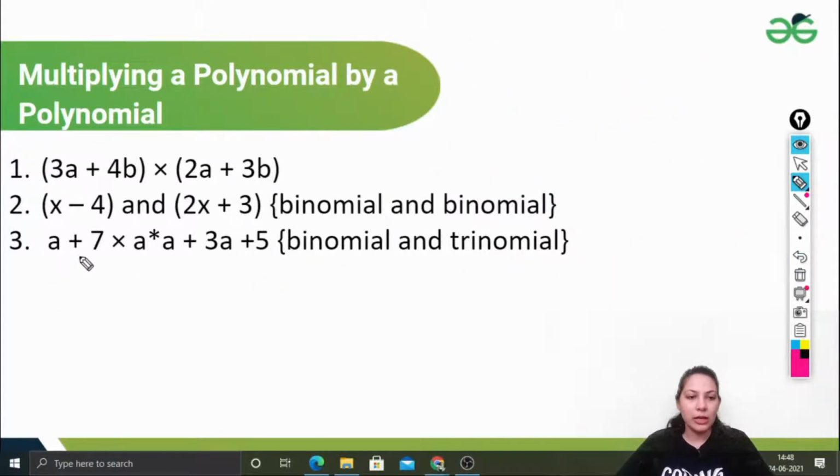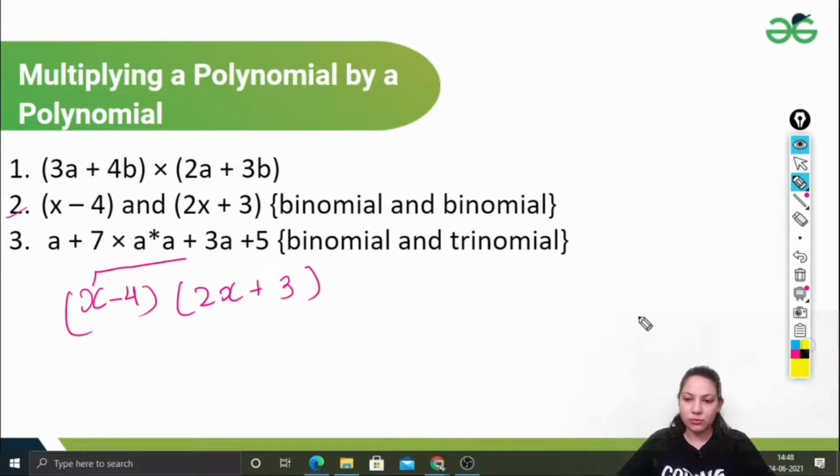Erase all this. Let us do binomial and binomial multiplication. This is very simple: x minus 4 and 2x plus 3. Again, we'll take each individual value and multiply it with the whole term. Suppose this is a and this is b, so this is a plus b, and this is c.